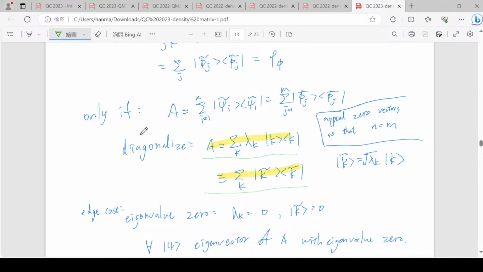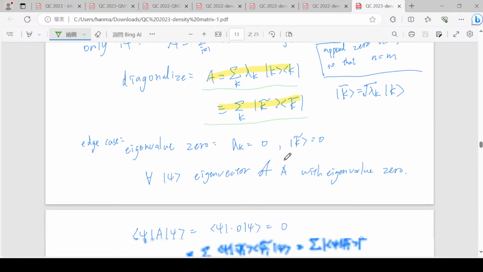We know it's a density matrix, so we can diagonalize it, because it's PSD and so on. So we diagonalize A as a summation over k of the eigenvalue lambda_k times the eigenvector of A. Then we can use the tilde notation once again to make things a lot easier for us, so A equals the summation over k of k tilde, k tilde.